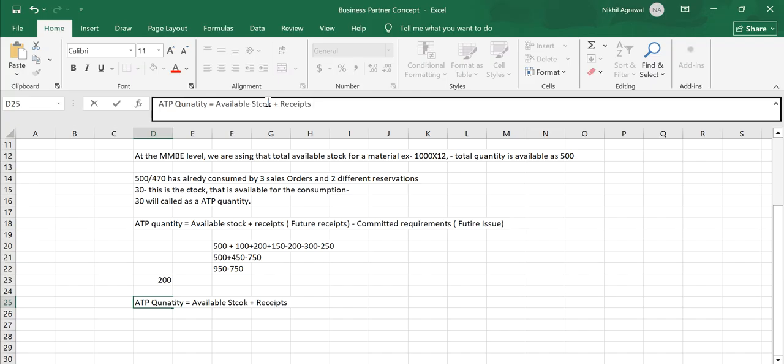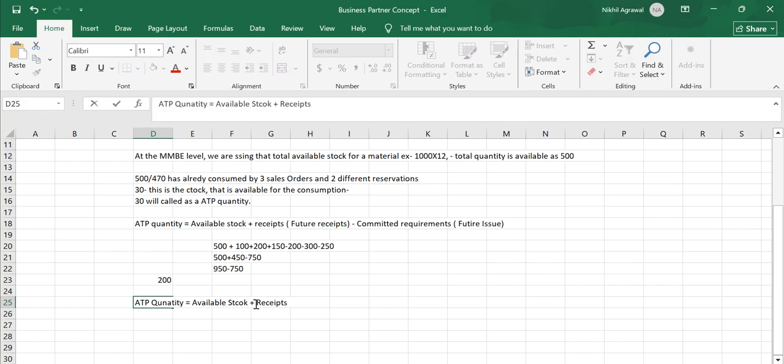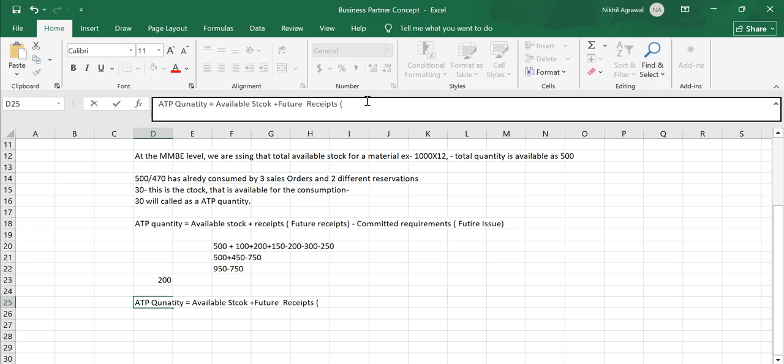Receipts means future receipts, that means we are going to receive the quantity against the purchase order, plus purchase requisitions, plus production order, maybe inbound deliveries, and minus future issues.